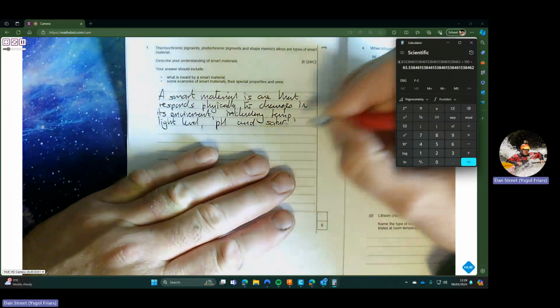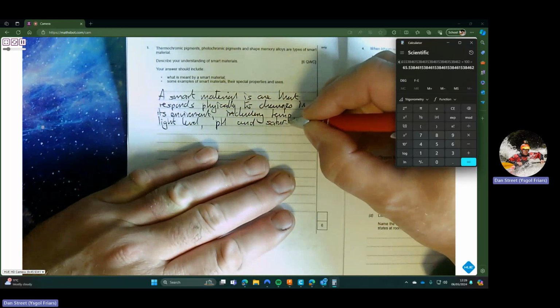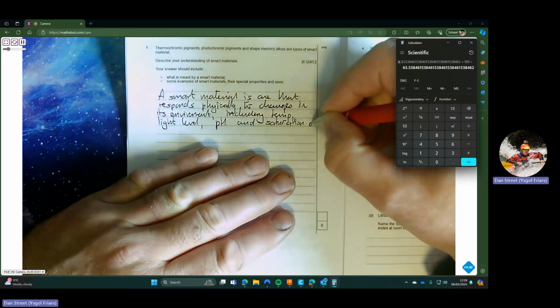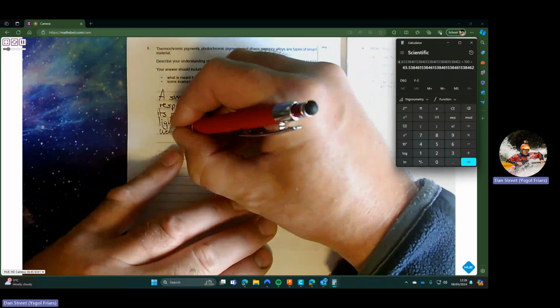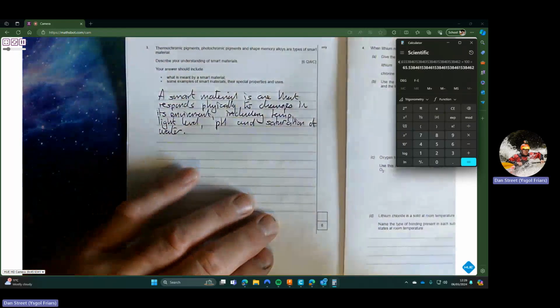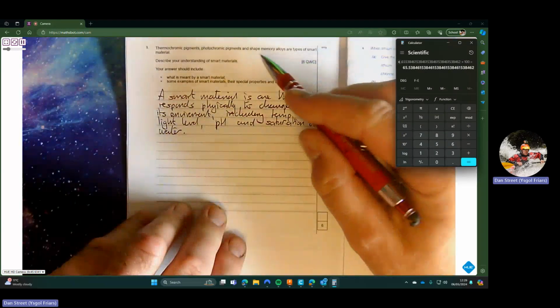I'm thinking of polymers there. Saturation of water. Okay, so that would sort of give a description of what they are in general, and then it asks us for examples.